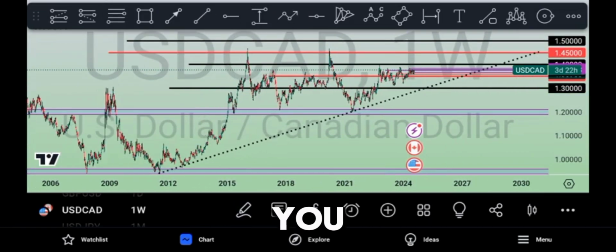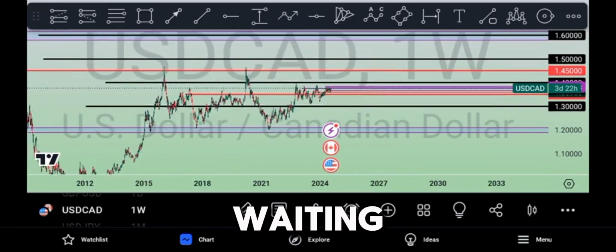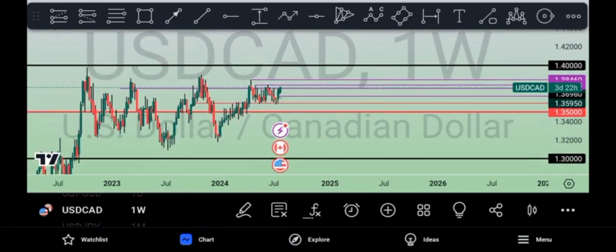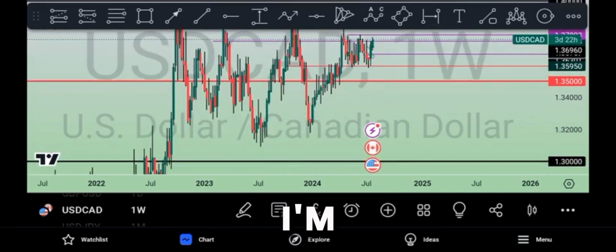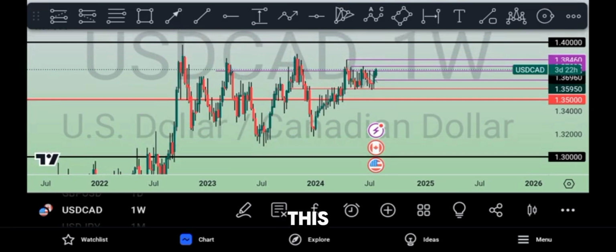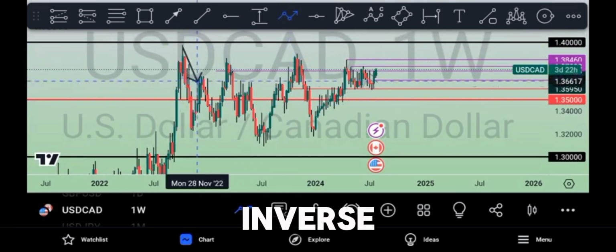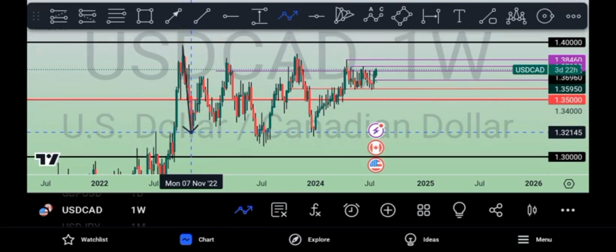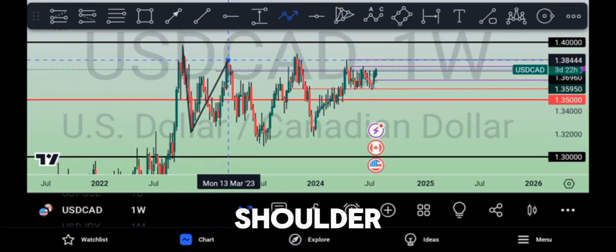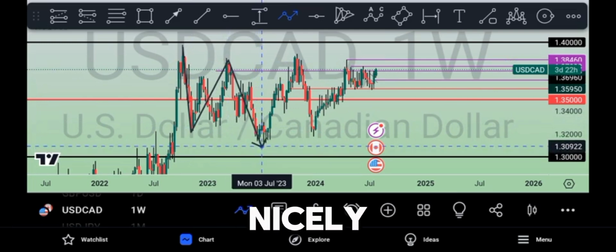Now, you want to be doing what? You want to be waiting for the best buy opportunities. Looking at this range right here, it looks like an inverse head and shoulders, so nicely.